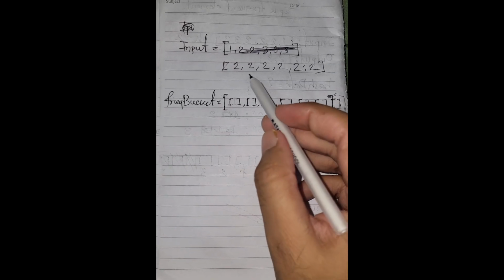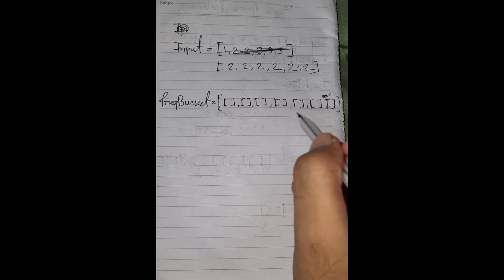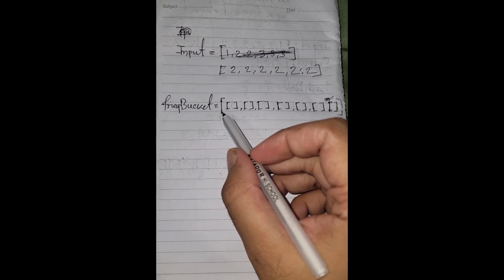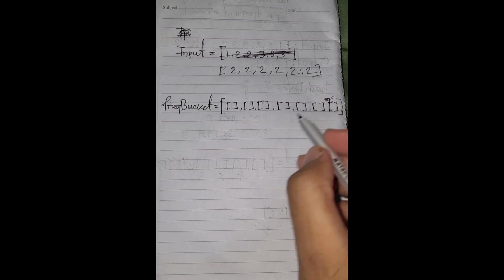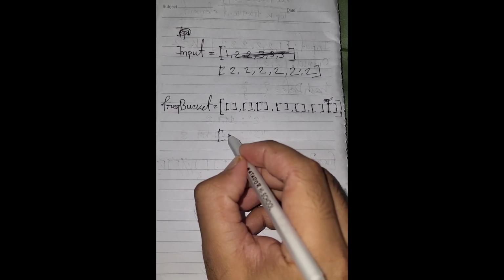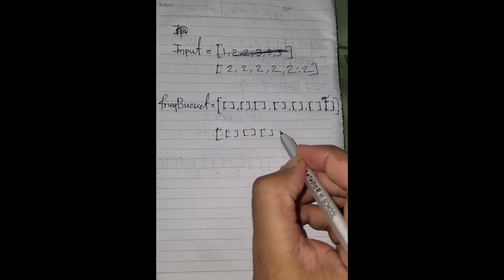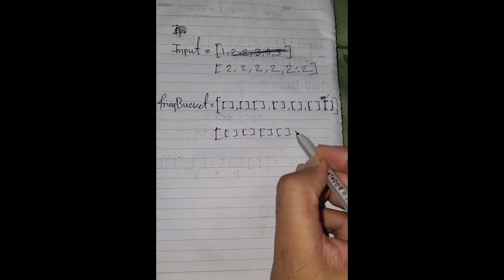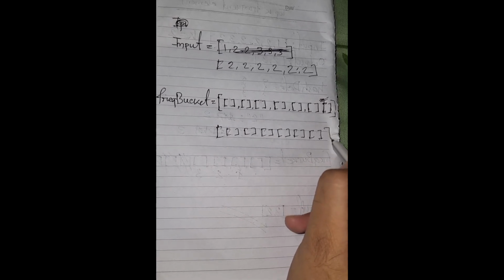Let's say I have only 1 value, but it is repeated 6 times. And in my freq bucket, I only took 6 arrays, let's say. Okay, let's do that. 1, 2, 3, 4, 5, 6.